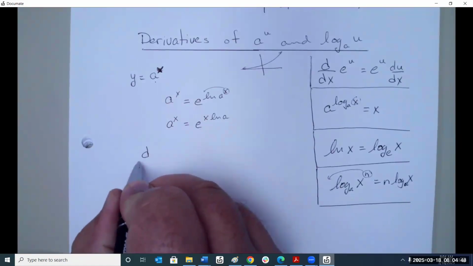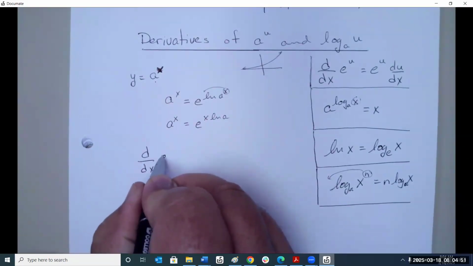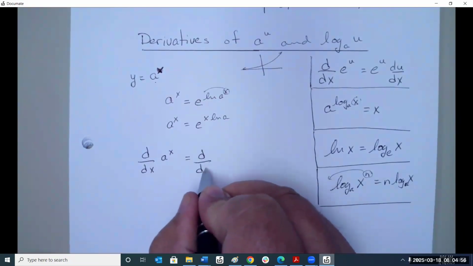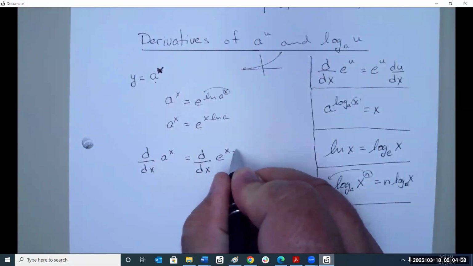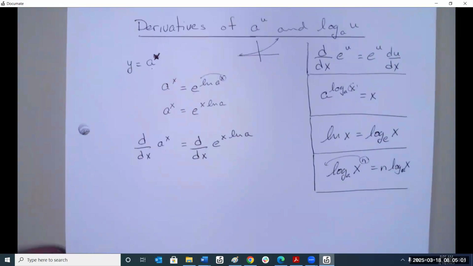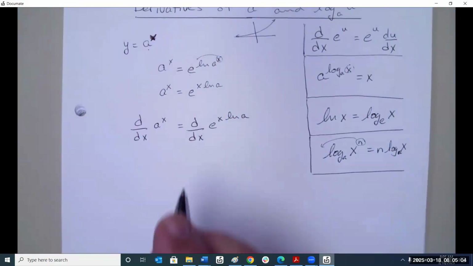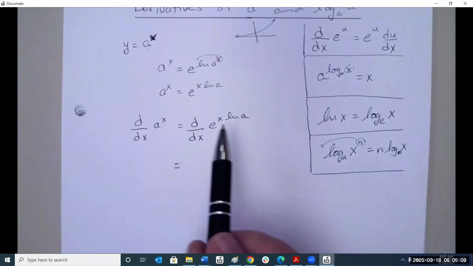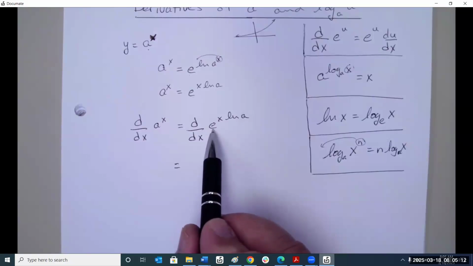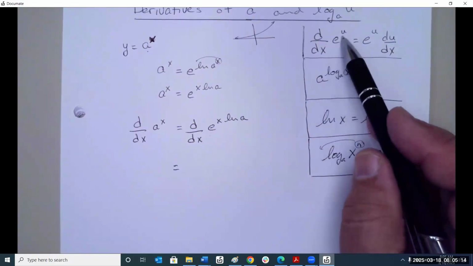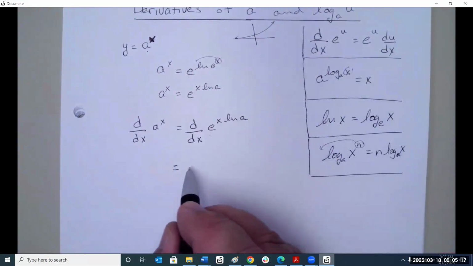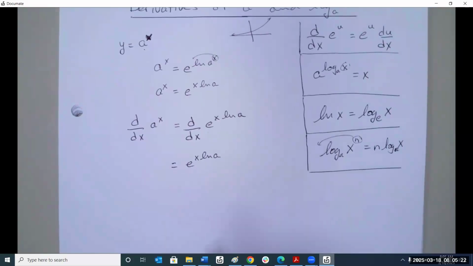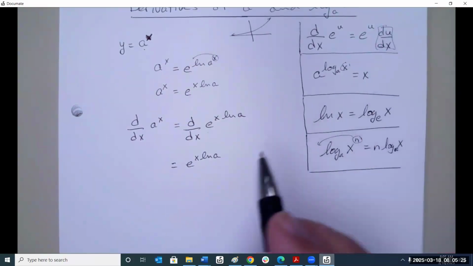So if we take the derivative of both sides, because we're finding the derivative of a to the power x. Since we have an e function, the derivative of e to the power u is write down what you have, times the derivative of the exponent.